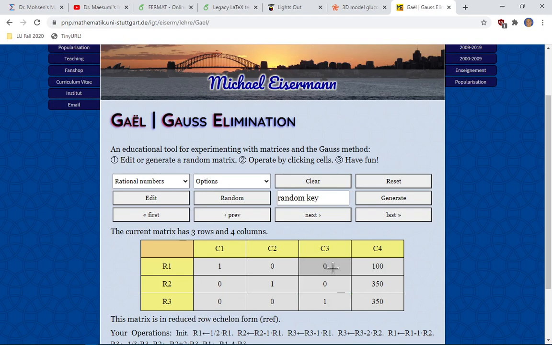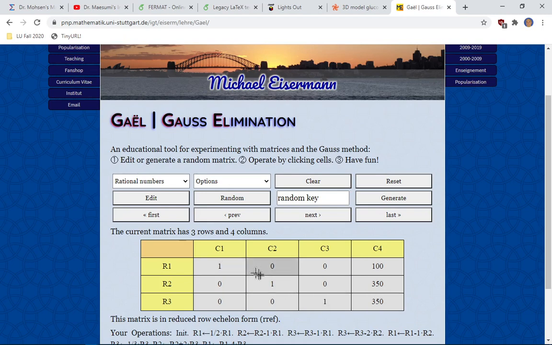Okay, so what does that mean? I guess it would have been easier to call them x, y, z. This really reads 1x equals 100. These guys got eliminated. This means 1y is equal to 350. This means 1z is equal to 350.